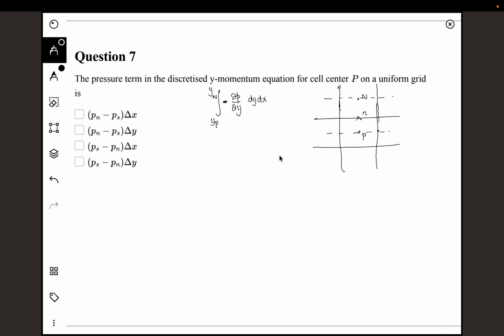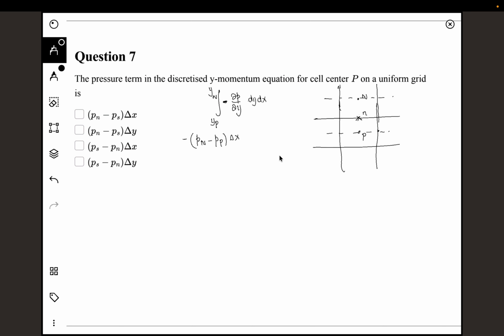So how will del p del y at this particular point depend? Del p del y at this particular point is pn minus pp times the corresponding delta x.